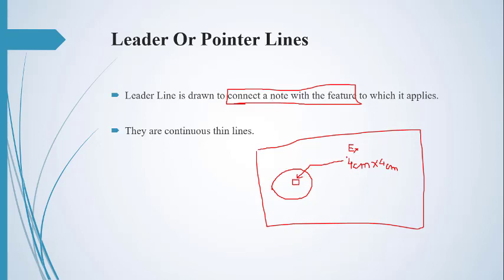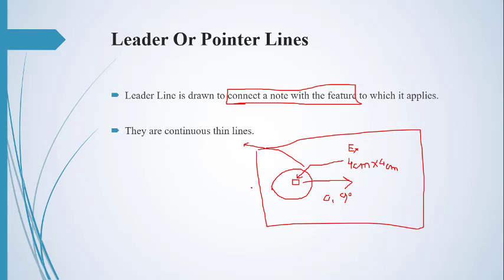This is a feature and this is a note, so this kind of line must be used for connecting a note with a feature. They are continuous thin lines. One thing more to keep in mind is that the angle provided will be greater than 0 and less than 90.